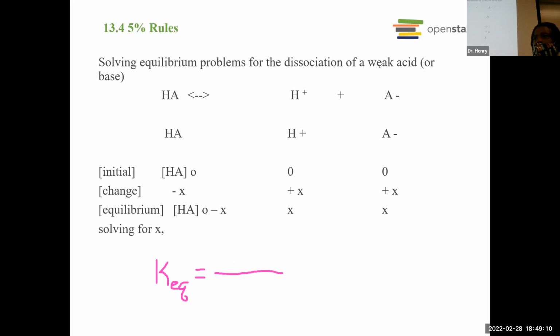So how would I write it for this generic case? Okay.